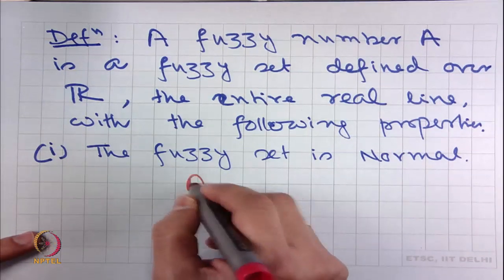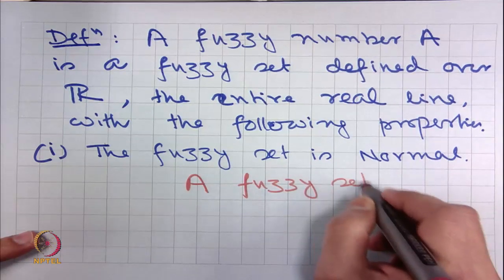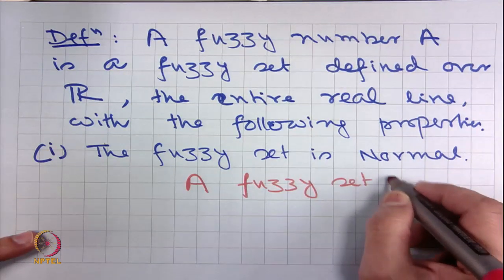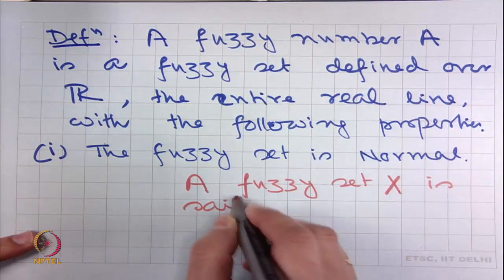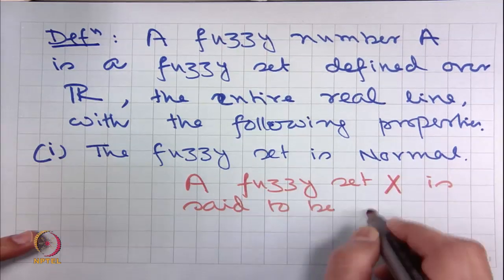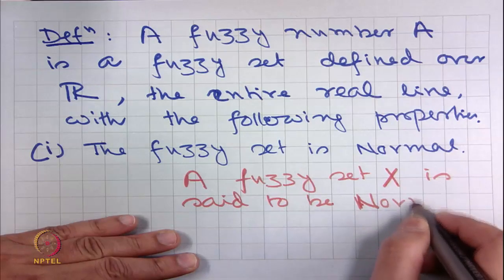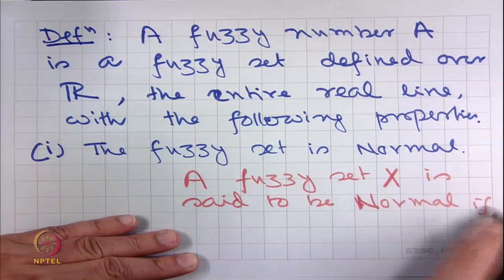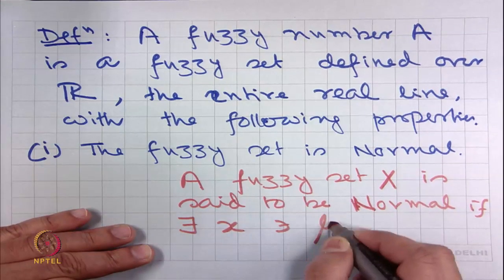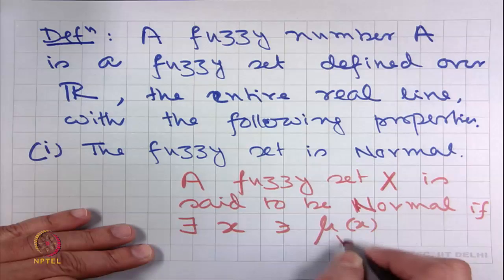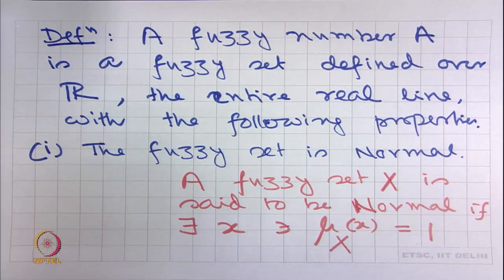A fuzzy set, say X, is said to be normal if there exists x such that the membership of x to the fuzzy set X is equal to 1.